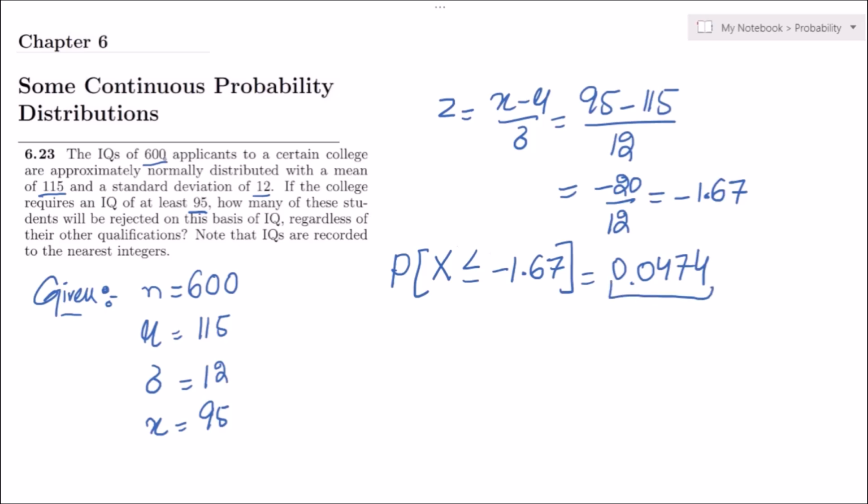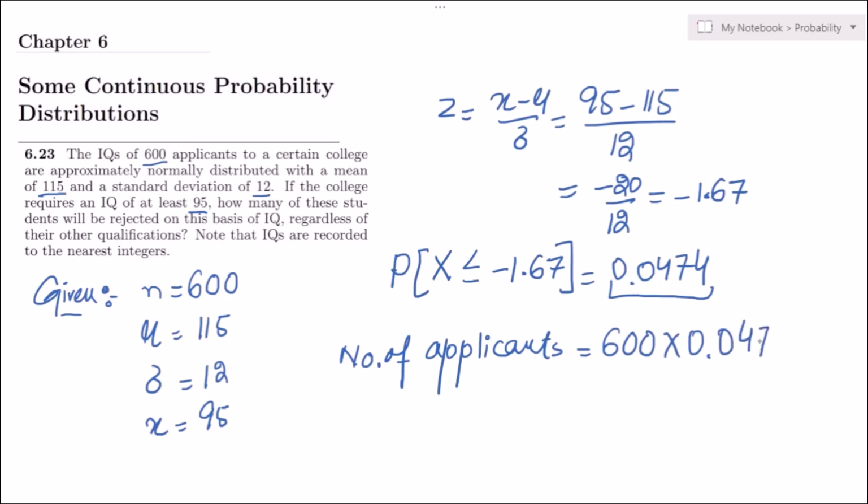But we want to find the number of applicants out of these 600. The number of applicants out of the 600 which fulfills this criteria would be the number of applicants multiplied by the probability 0.0474.